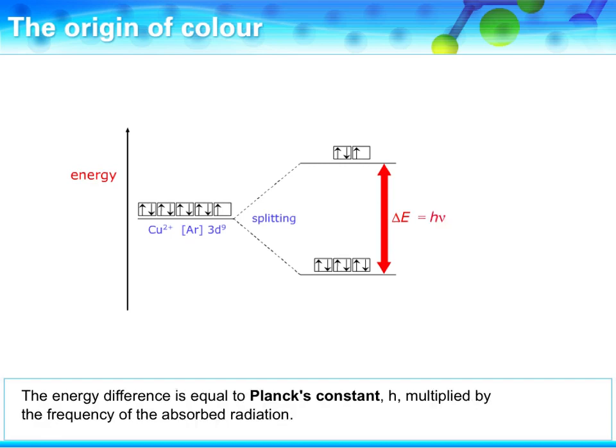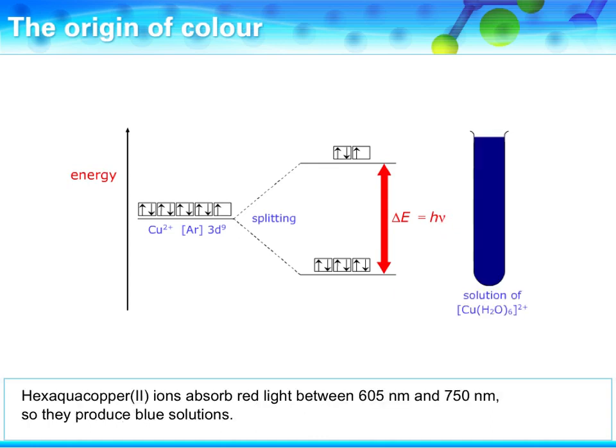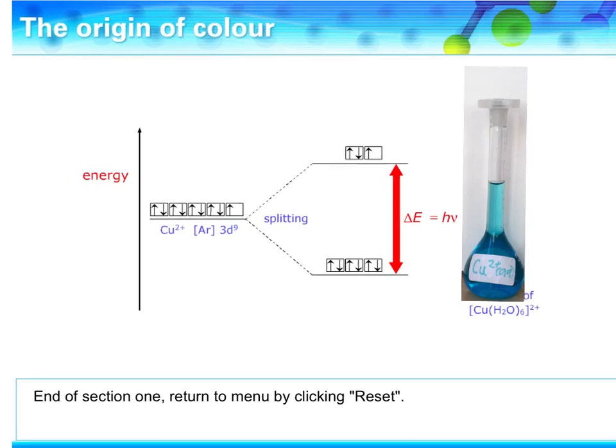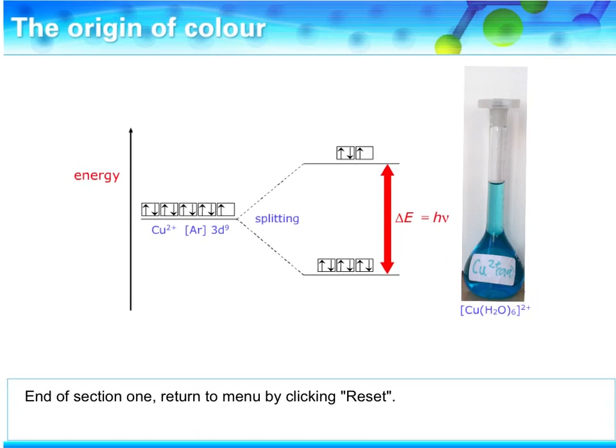This difference in energy is equal to Planck's constant multiplied by the frequency of the absorbed radiation. Thus, our hexaaqua copper appears blue.